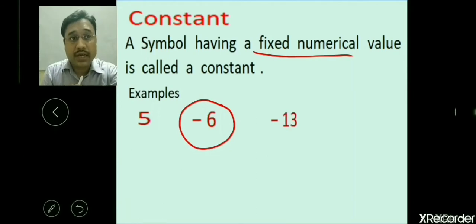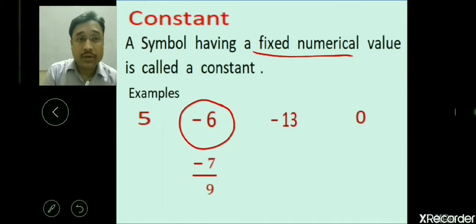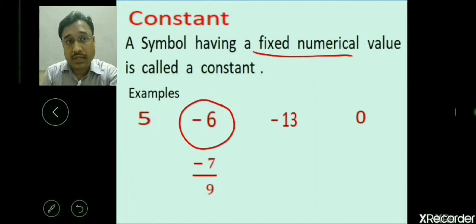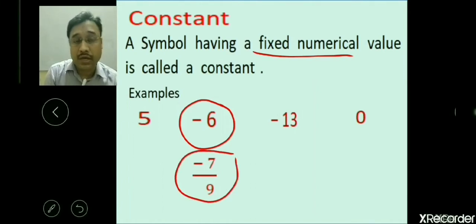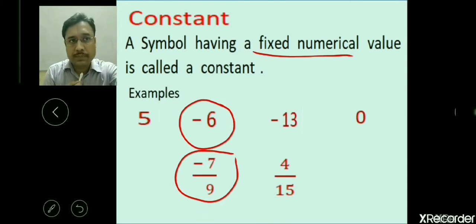Now similarly, minus 13, 0. It can be a rational number also, negative or positive. So this number, minus 7 by 9, is also a constant whose value is fixed. Now it can be a positive rational number such as 4 by 15. So these are the examples of constant.